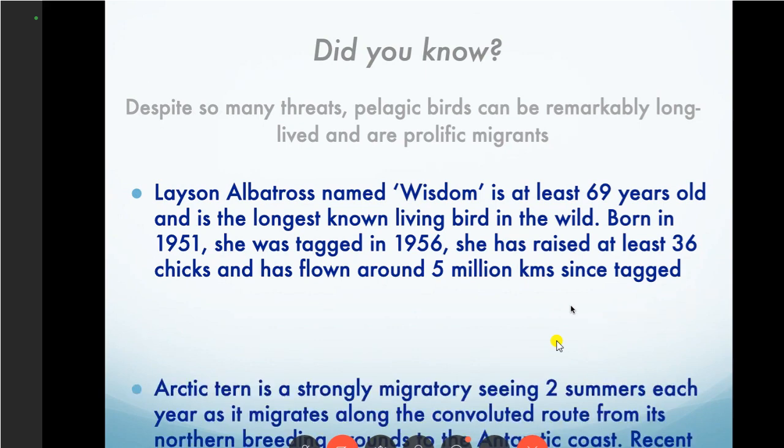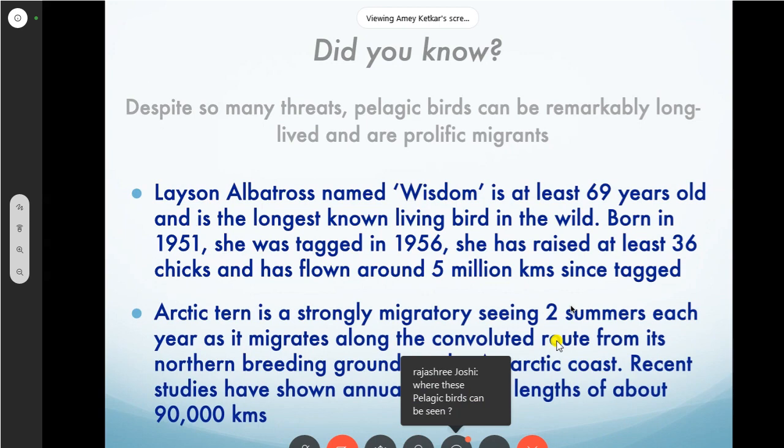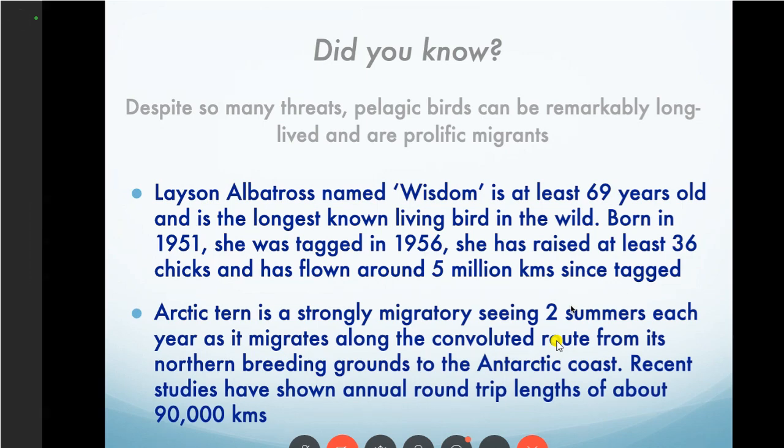Let's look at the migration of the Arctic tern, and it's a phenomenal migrant. It's amazing, and it's a very strongly migratory bird. And as the name suggests, it breeds near the Arctic region, and there are records of the bird doing round trips of 90,000 kilometers.